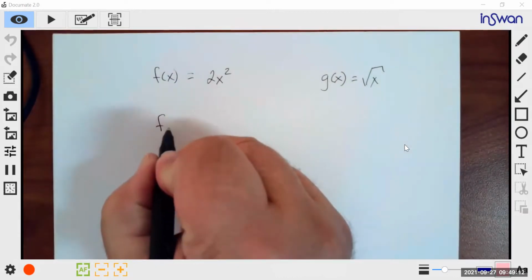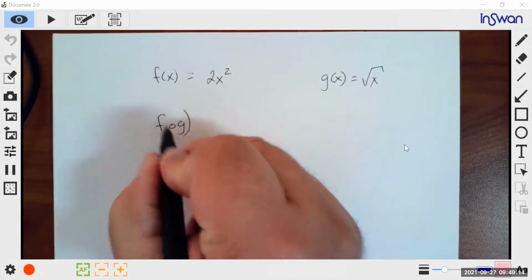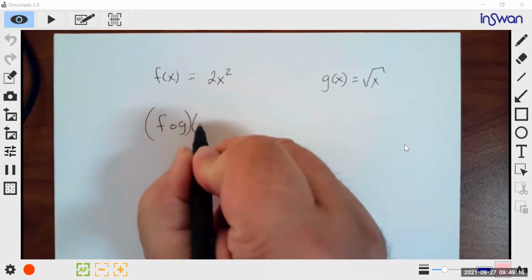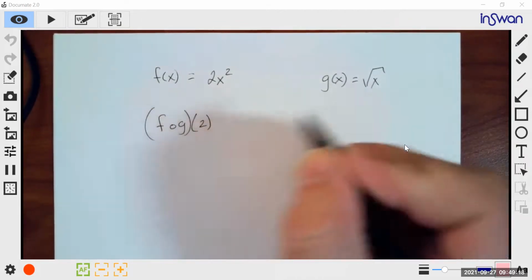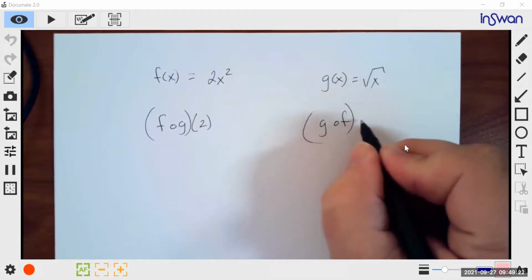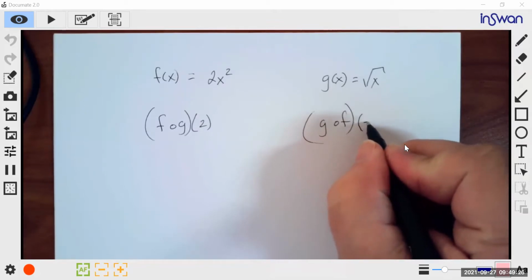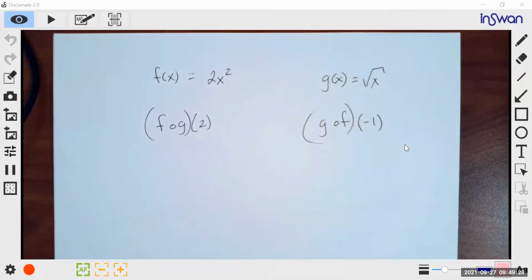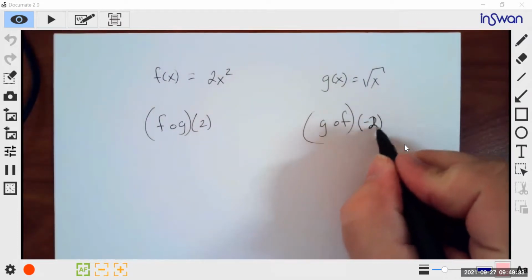So find f of g of 2, and then g of f of negative 2.